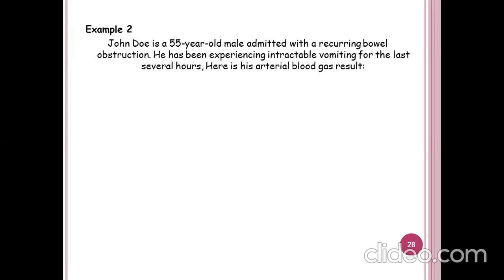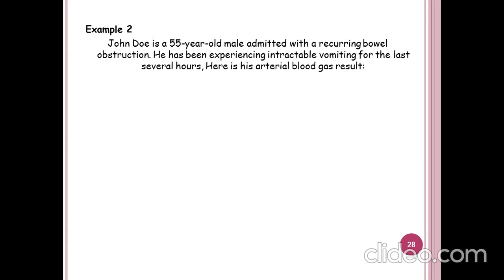Coming to another example, just go through this. John Doe is a 55 year old male admitted with recurring bowel obstructions. He has been experiencing intractable vomiting for the last several hours.